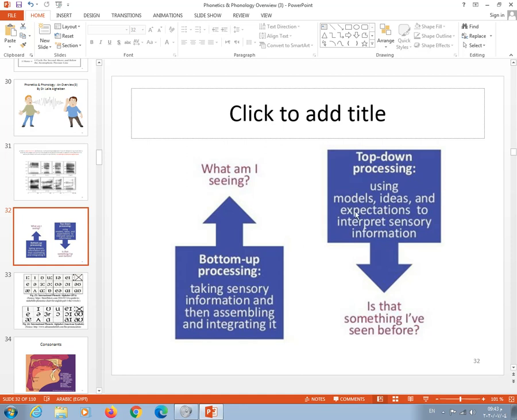If there is a match between these two kinds of processing, then we understand and get the meaning of the speech signal or anything that we receive through our senses.